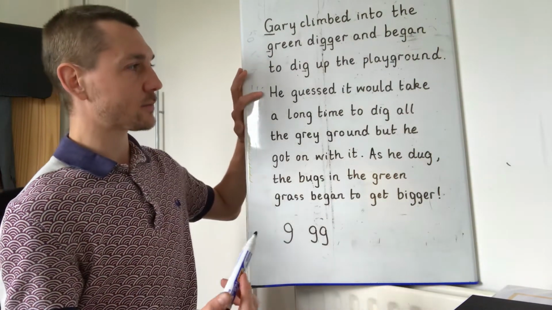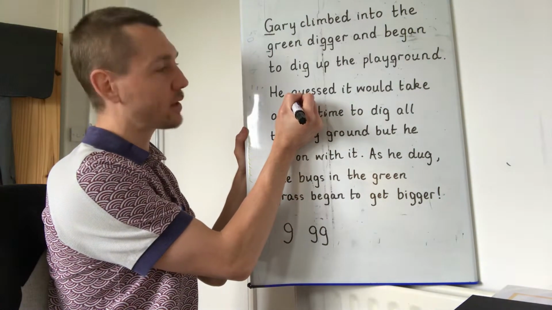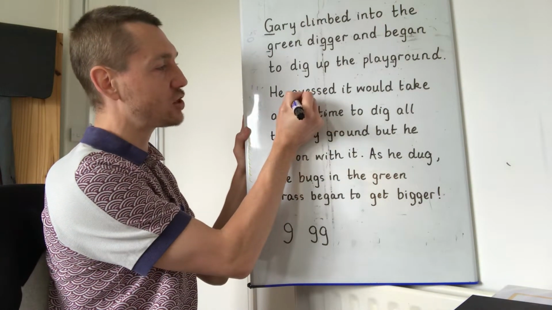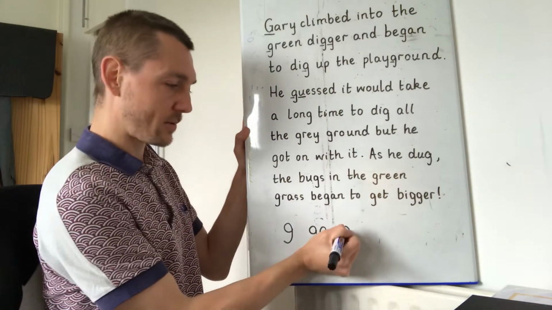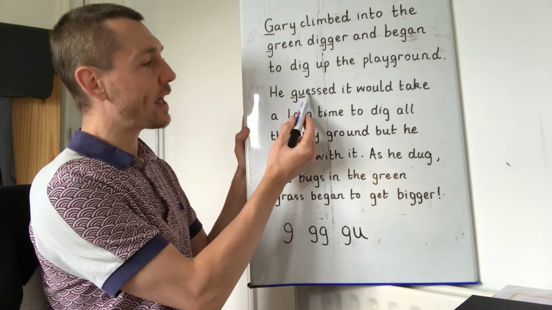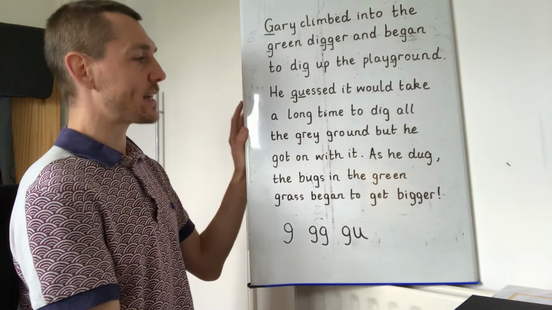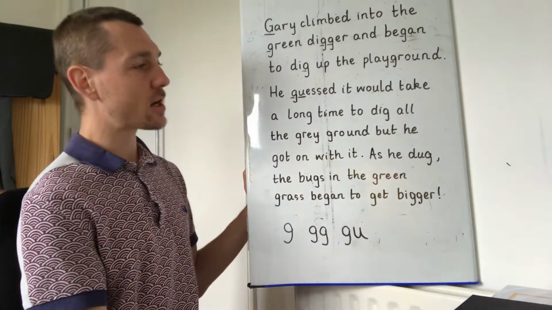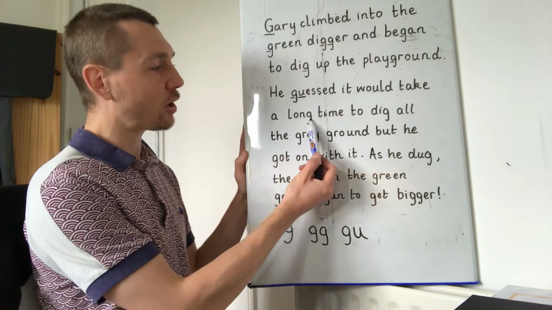Next sentence. He guessed, and there because we've got the word guessed, we have the G-U spelling of G to add to our list. And you should have written G-U-E-S-S-E-D, guessed. It would take a long time. Now, why don't we need the word long on our list, I wonder?